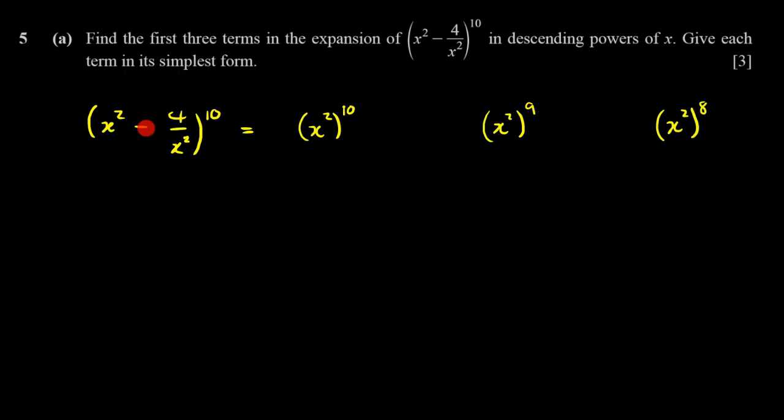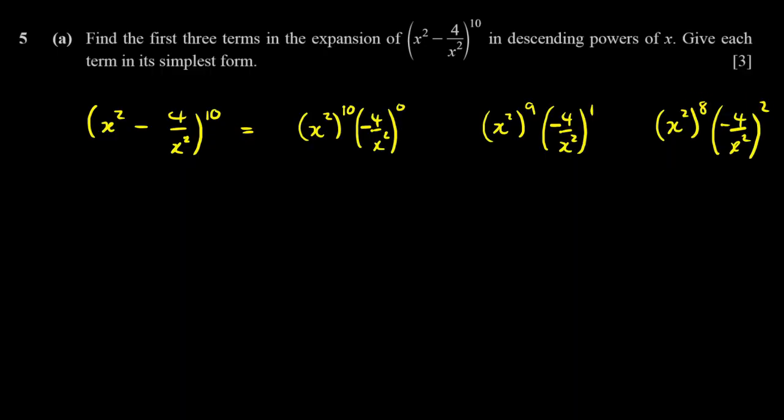And then with the negative 4 upon x squared, you can write negative 4 upon x squared to the power of 0, to the power of 1, and to the power of 2. Notice that these powers increase: 0, 1, 2. Furthermore, the two powers must add up to give 10. 10 and 0 is 10, 9 and 1 is 10, 8 and 2 is 10.